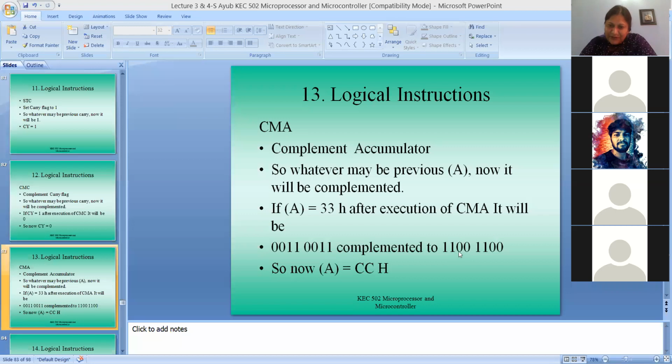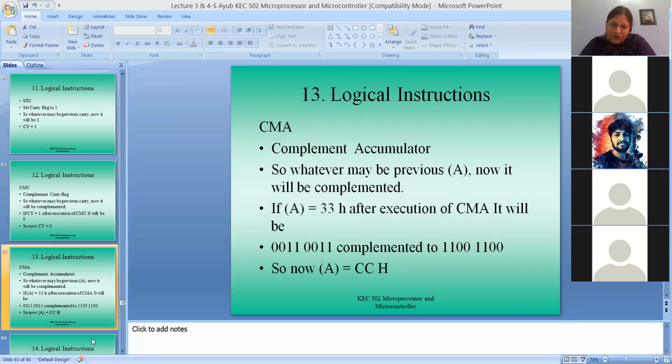So now what will be the new contents? New contents will be CC. This is C and this is C. Understood? Complement accumulator. There are only two complement instructions. You cannot complement the contents of any other register. You can only complement the contents of the accumulator.